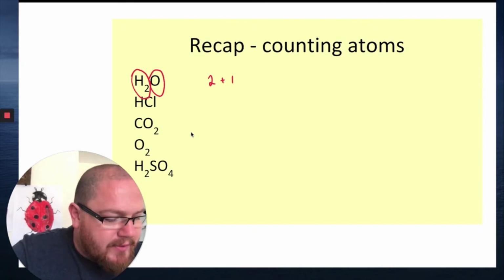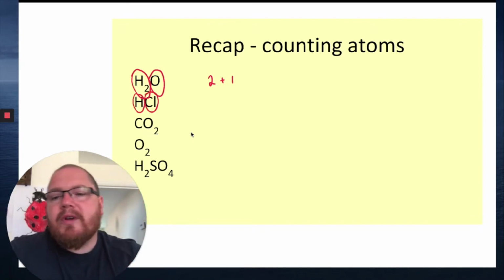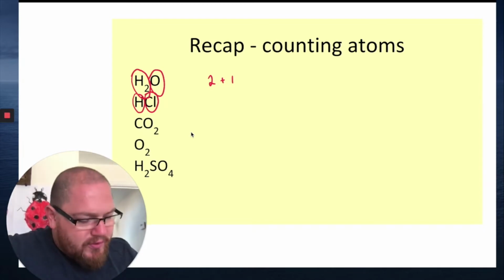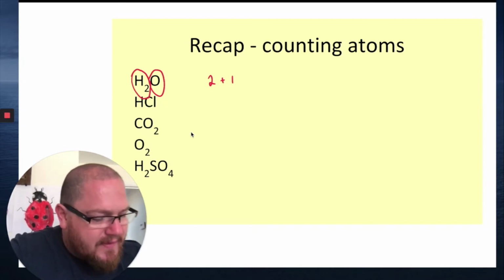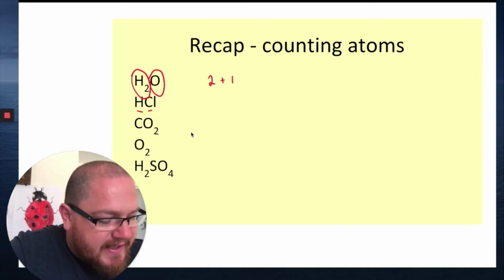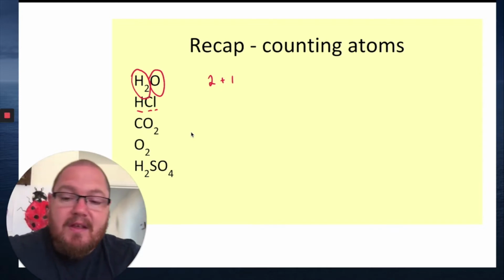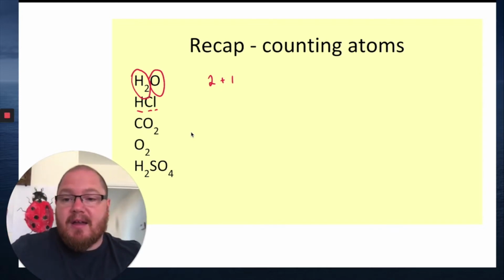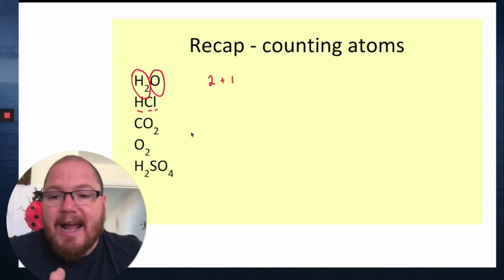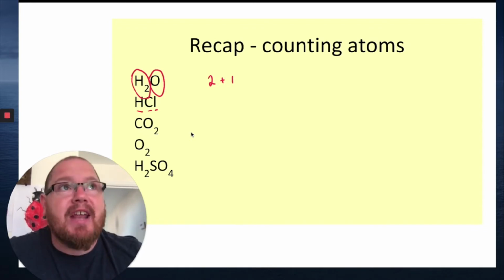Let's do the next one. Well, I've got a hydrogen and I've got a chlorine. Chlorine is the hardest one because you could also interpret that to be HC capital I. The other thing I should mention here is that we're always looking for capital letters at the start of an element.